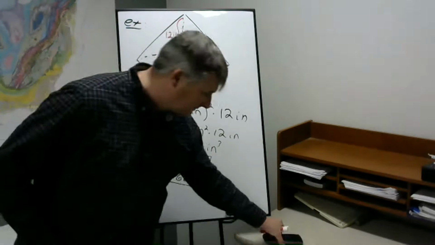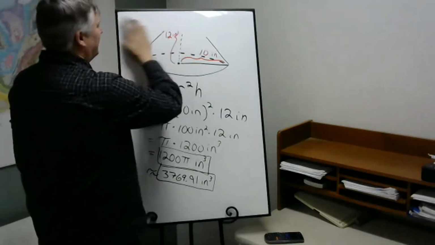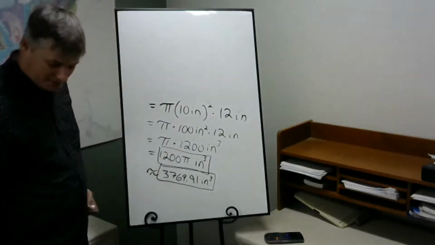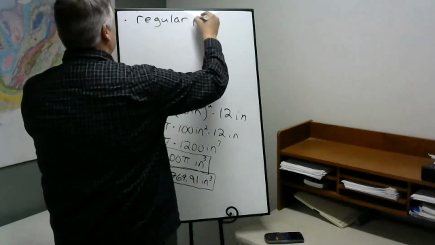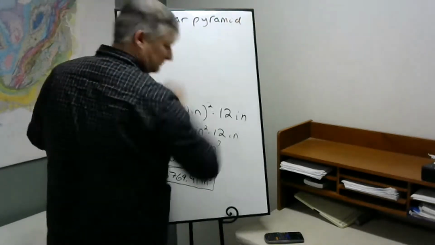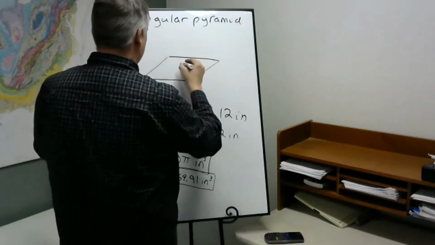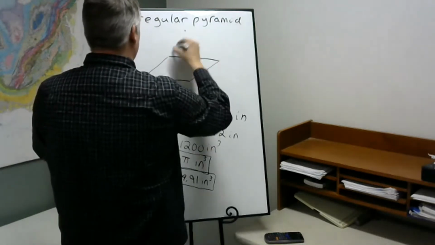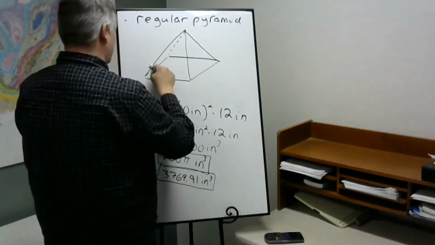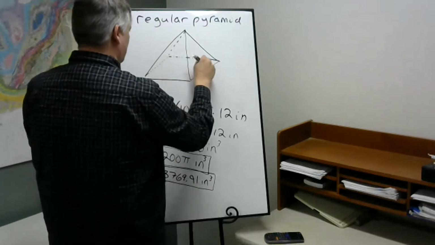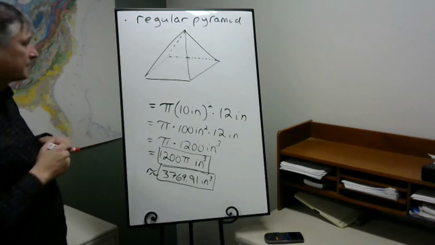So finally, we're going to get to the regular pyramid. And for this one, what we're going to have here, the base of this thing is going to be a square.